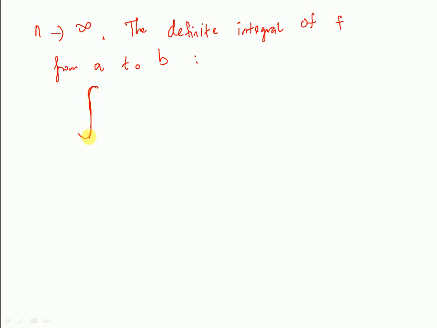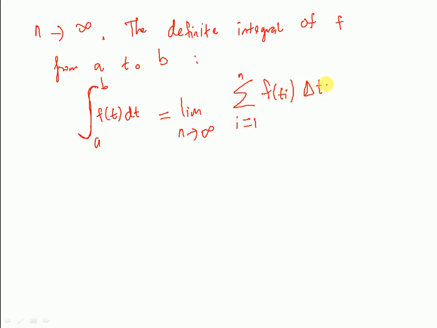So this is just like the letter S, but it's expanded in the vertical axis, right? So f of t dt. So this one is the definition of the definite integral. The sum from i equals 1 to n of f of ti delta t.